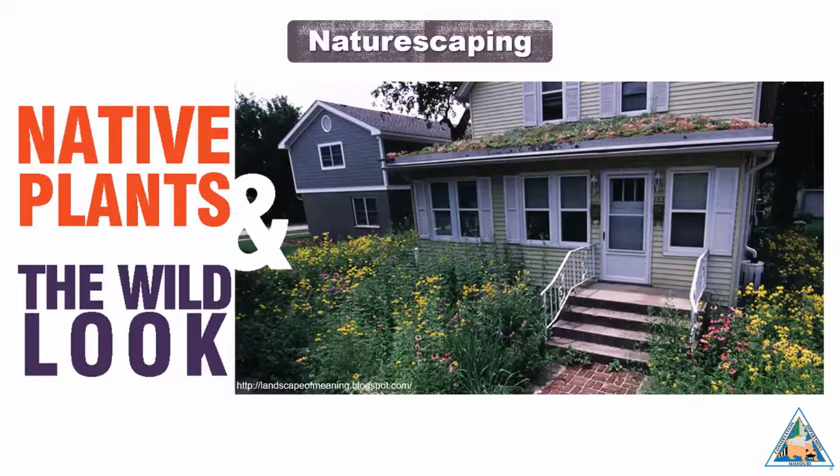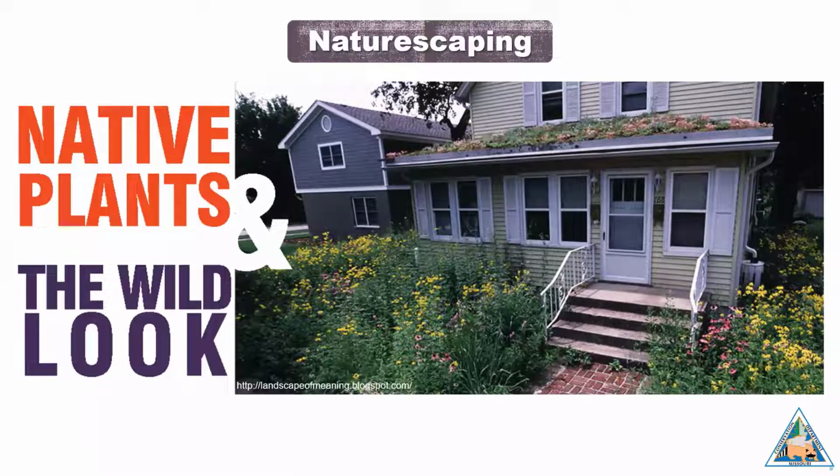They've done a naturescape that is trying to capture the appearance of a native prairie. You can have naturescapes that try to resemble other types of natural terrestrial communities, such as a glade or a woodland or a forest. But if you are intentionally creating a very natural look, then you are doing something called naturescaping.